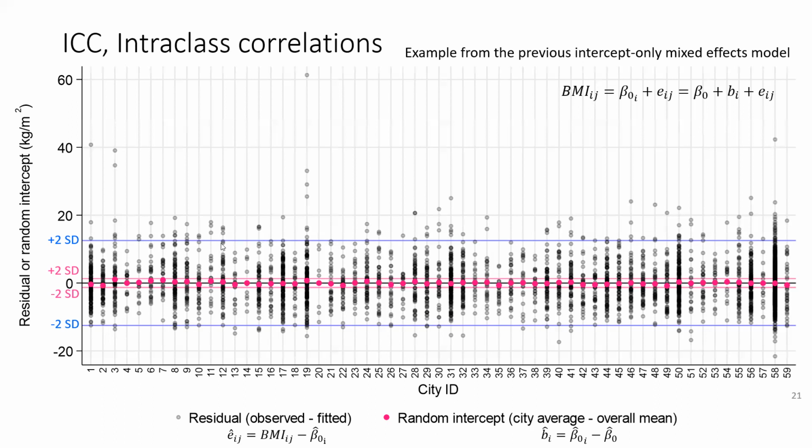And this plus or minus SD shown with the blue line is, let's say, an indicator which shows within city variability. And by looking at this, again, between city variability is much smaller as compared to within city variability.